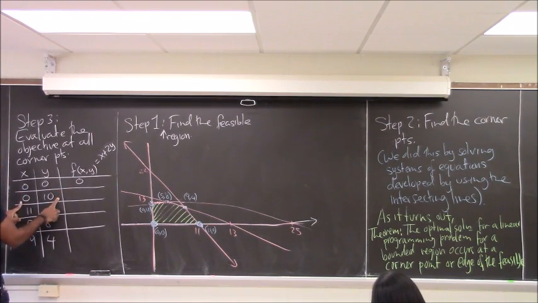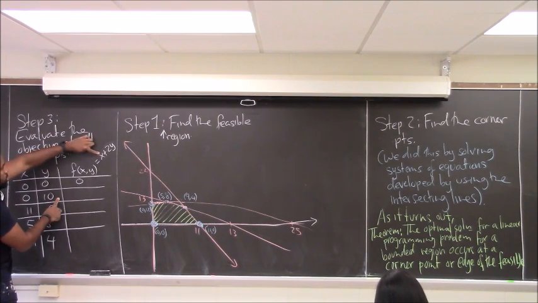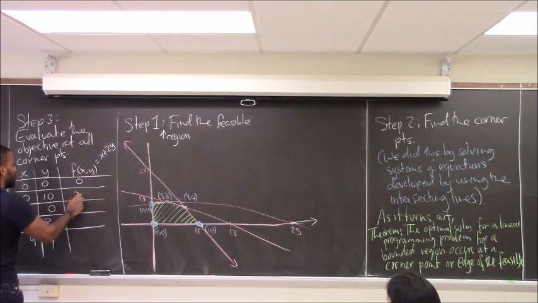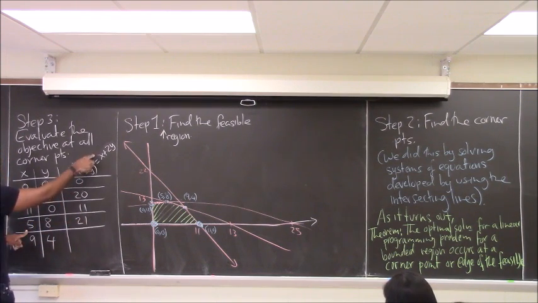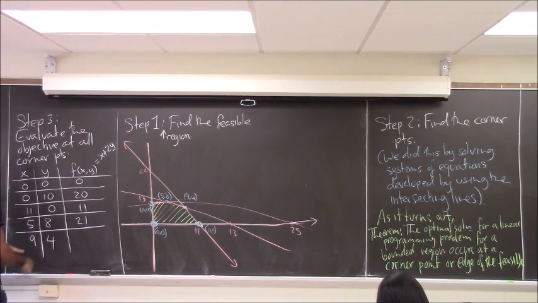If I plug in x equals 0 and y equals 10, I get 20. If x equals 11 and y equals 0, that's 11. If x equals 5 and y equals 8, that's 21, because that's 5 plus 16, which is 21. If x equals 9 and y equals 4, that's 17.